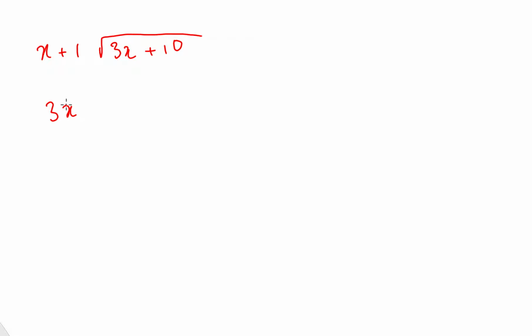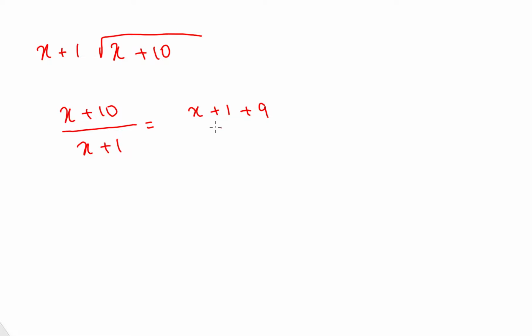Well, in this scenario, when we're dividing a linear by a linear that have the same leading coefficient, x plus 10 divided by x plus 1, for example, what we can do is write this as x plus 1 plus 9 divided by x plus 1. It's exactly the same thing.